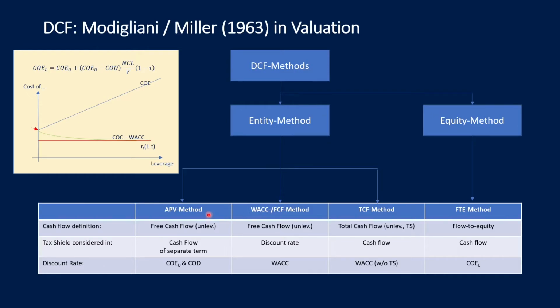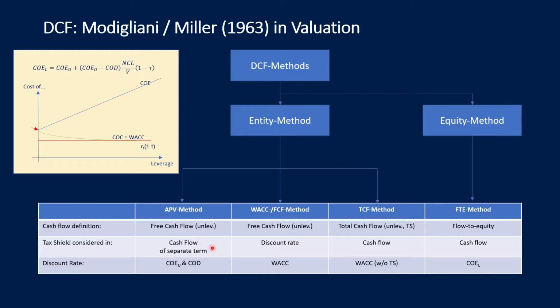The APV method was the first that was derived from Modigliani-Miller theory, and it is based on the free cash flows of an unlevered firm. So assumingly the company must be unlevered, and a cash flow calculation has to be performed that leads to a free cash flow of an unlevered firm. Then the tax shield must be considered, since the tax shield here leads to an increasing value of the company with leverage.